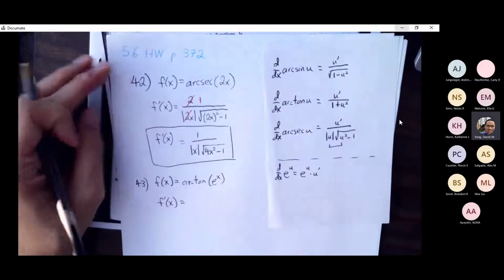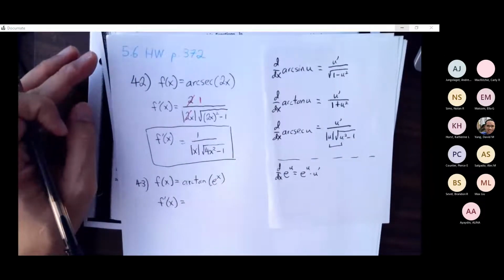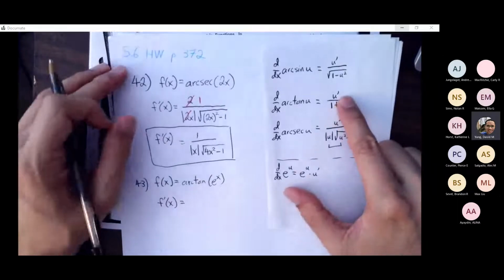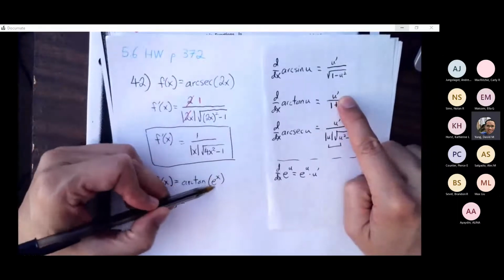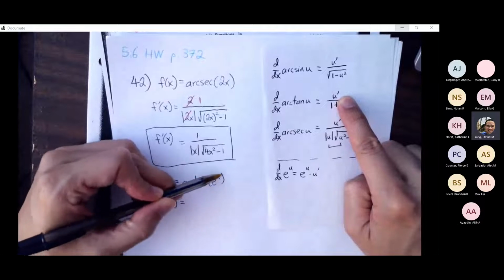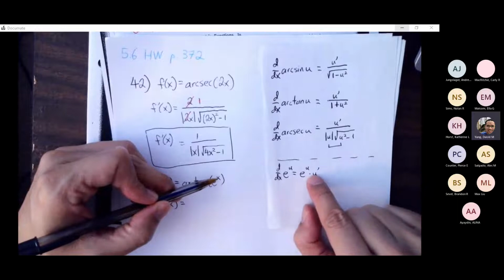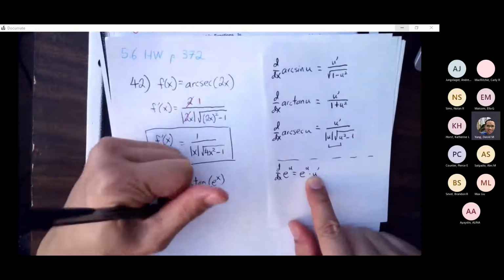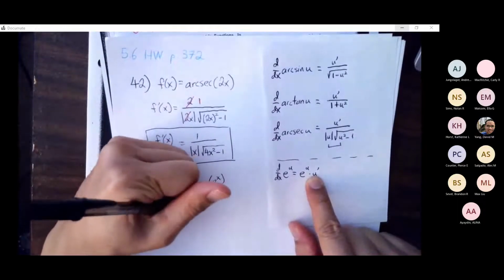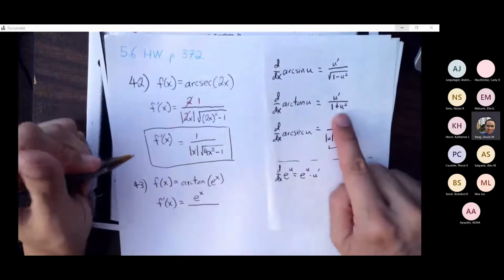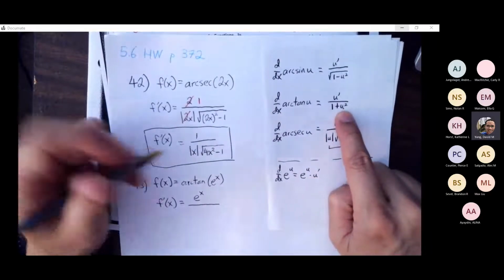Okay, so arctangent of u's derivative is u prime first. U prime, we need to figure out the derivative for e to the x. And the derivative for e to the x is just e to the x times 1. So just e to the x, divided by 1 plus u squared.